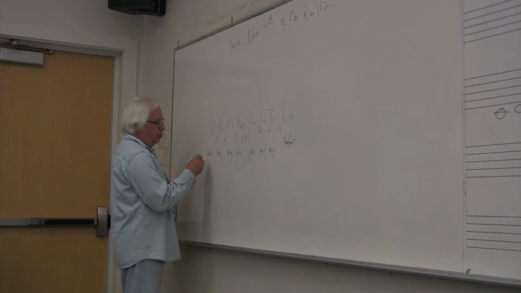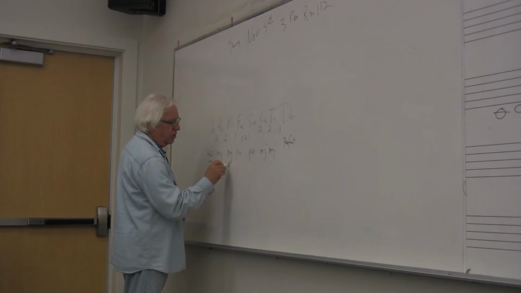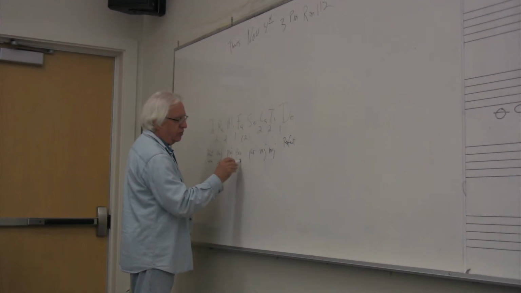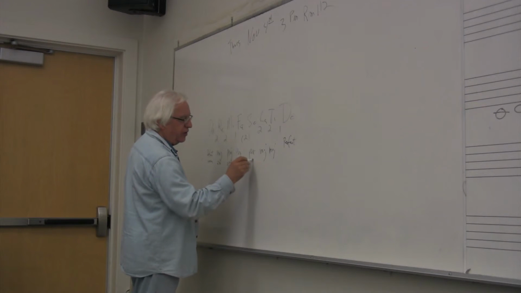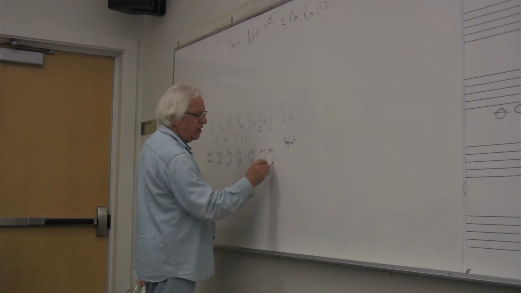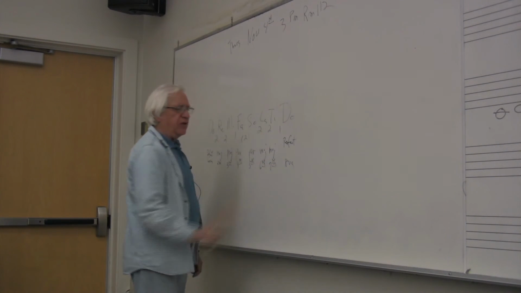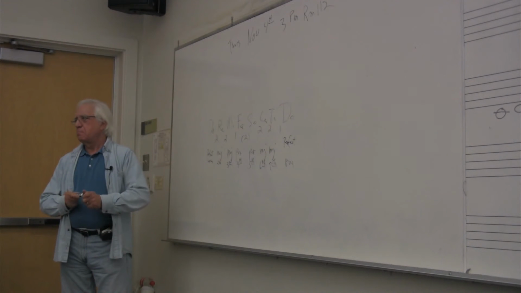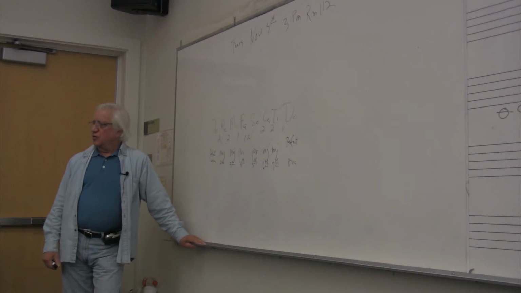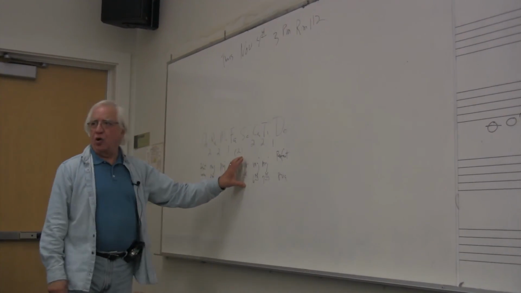So perfect unison, major second, major third, perfect fourth, perfect fifth, major sixth, and major seventh, and perfect octave. That's the abbreviation for octave, 8va. Okay? So now any interval that you make, you can relate to this so you know what to call it.